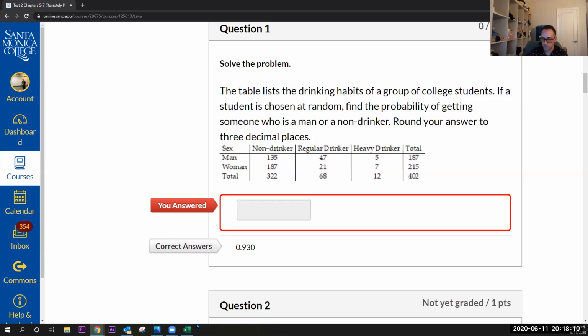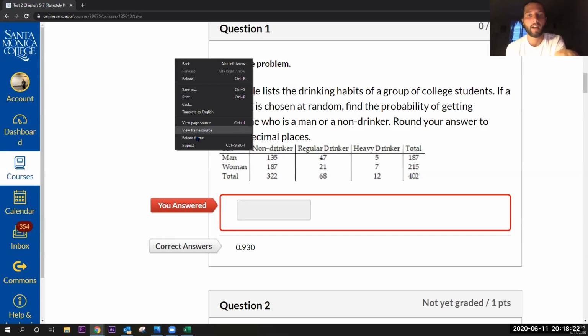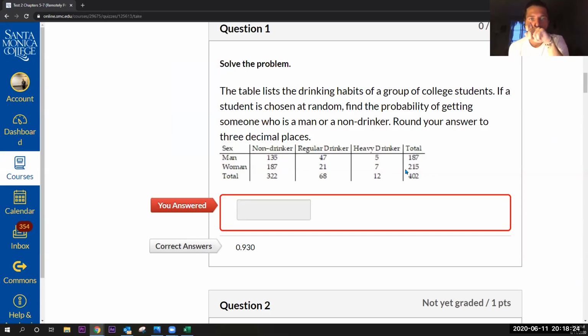So we would do man. What do you guys think? How would you do this? You would go to the man non-drinker, so 135.